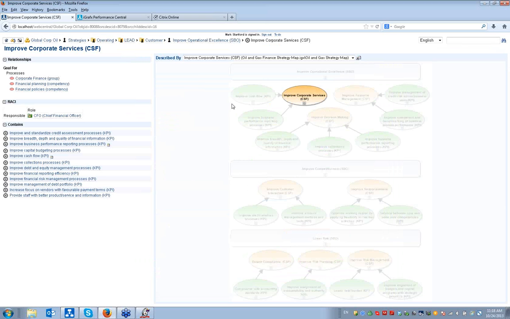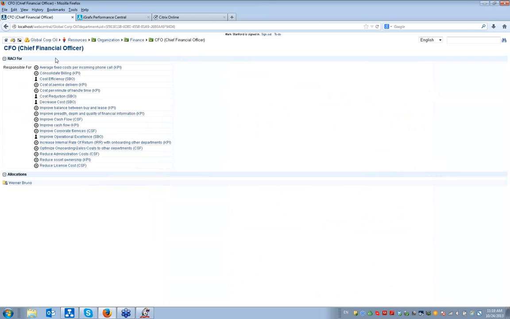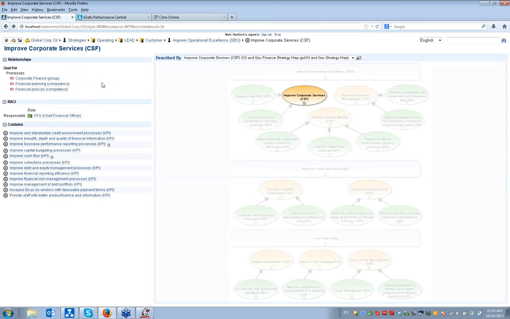Now, in order to anchor the transformation into the organization and create the right accountability, ownership for each element of this strategy map is specified by a RACI relationship, such as to this Chief Financial Officer, where I can see all of her responsibilities within the organization.